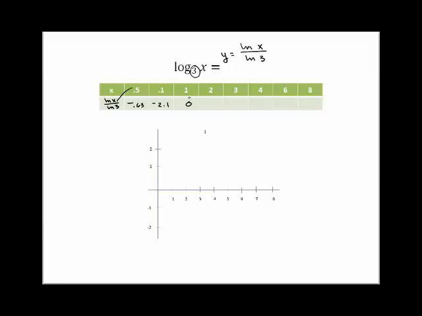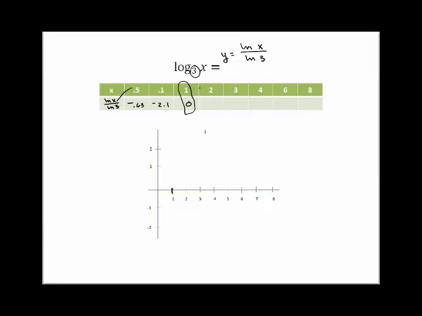Remember when we were discussing exponential graphs in the earlier video, that 1-0 combination was an important one. So now we see, instead of crossing the y-axis as in an exponential, we're going to cross the x-axis. And we're going to be going in the negative y and the positive y direction.